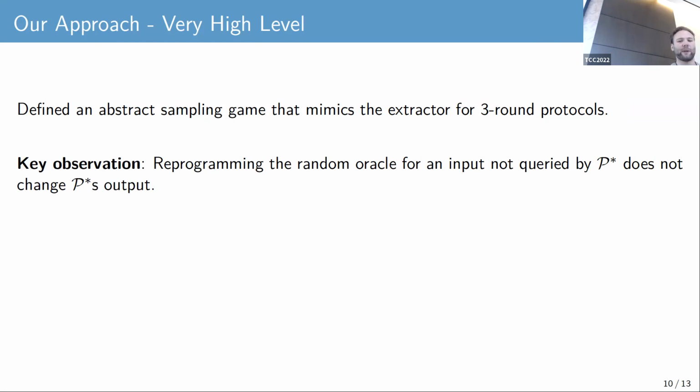If P star does not query a specific entry of the random oracle, then if the extractor reprograms that entry, from the point of view of the prover P star, nothing has changed. So its output is going to be identical to the output before. That's one of the observations that we incorporate into the analysis.